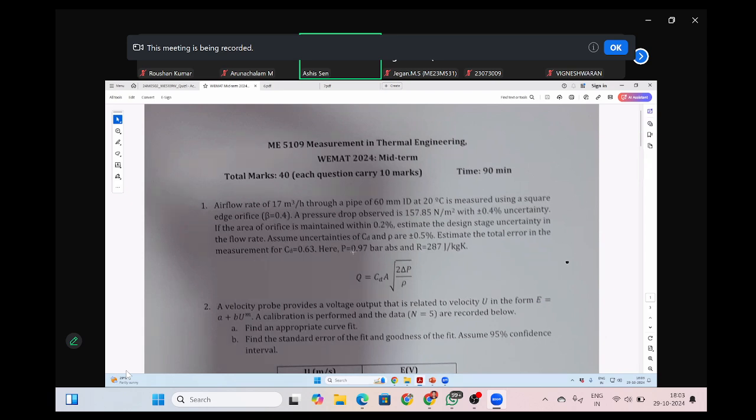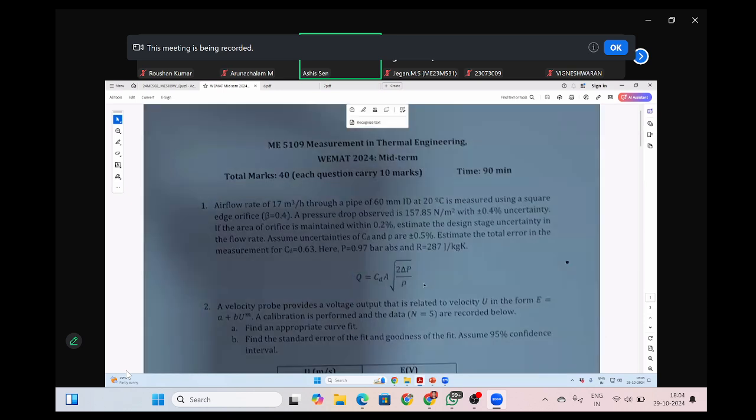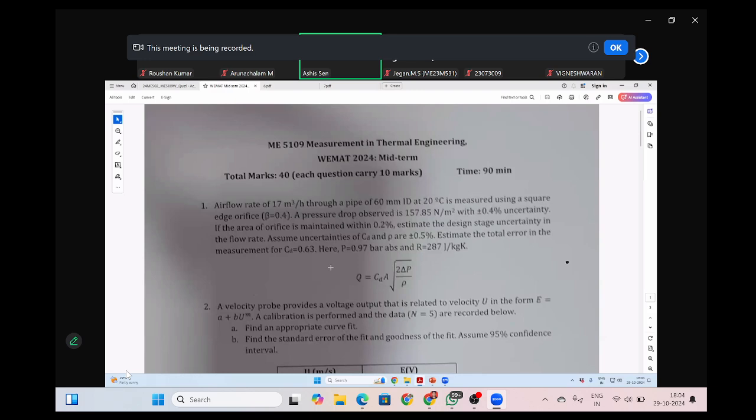Here the pressure P is 0.97 bar absolute and R is 287 joule per kg Kelvin. So this is the formula that is given. You are asked to find the total error in the measurement of the Q. Okay. So how do we solve it?